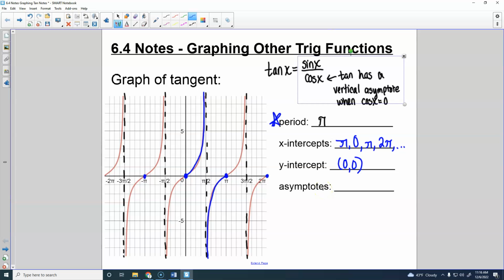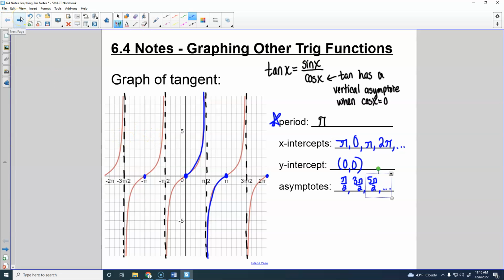And we said the asymptotes are anywhere that cosine equals 0, which was at pi over 2, 3 pi over 2. It'd continue on, 5 pi over 2, 7 pi over 2, 9 pi over 2, and so on. Okay, again, big thing to remember there, period is pi for that.